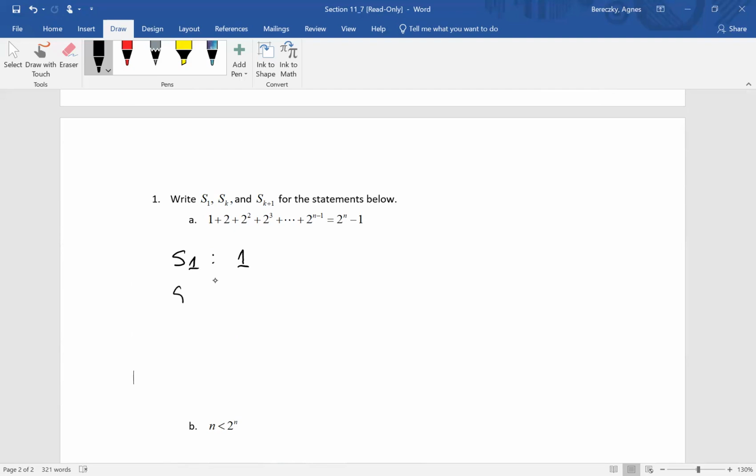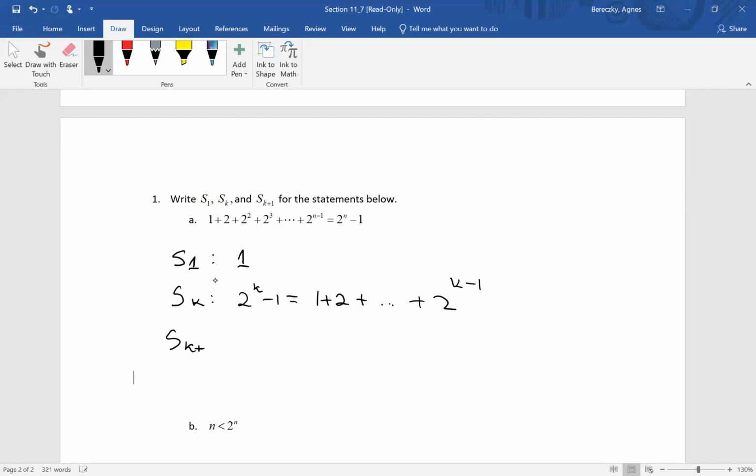Sk means we're replacing n with k, so that means that 2 to the k power minus 1 would equal 1 plus 2 plus ... 2 to the k minus 1 power.